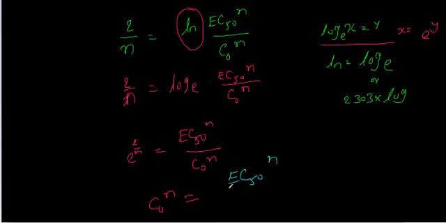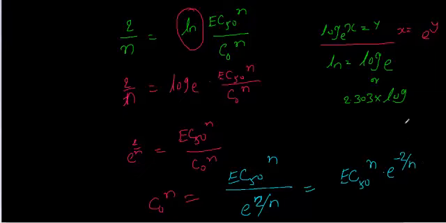EC50 to the power of n times e to the power of minus 2 by n, right? All right, so I'm going to stop writing this equation here.